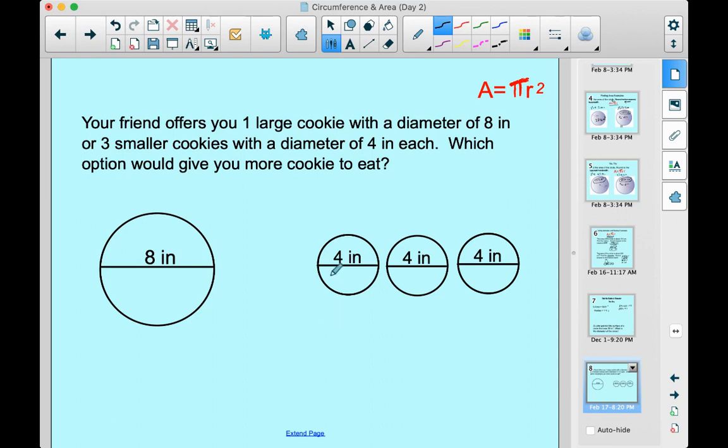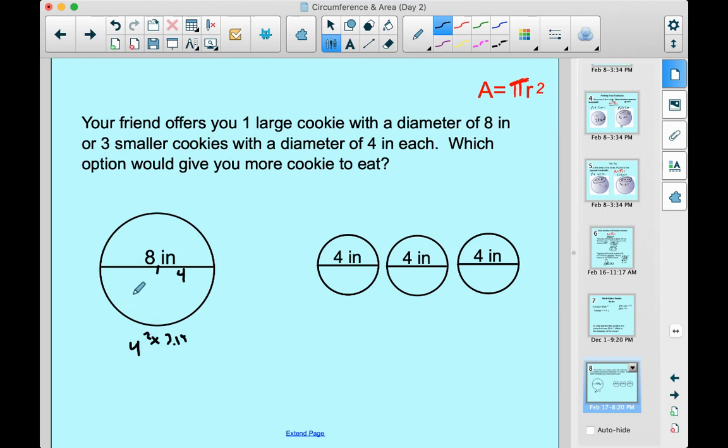All right, so let's figure this out. The large cookie has a diameter of 8 inches, which means the radius is 4 inches. To find the area, that's 4 squared times pi. Now, instead of getting my answers all messy with decimals, because I'm just going to be comparing these, let's keep it exact.